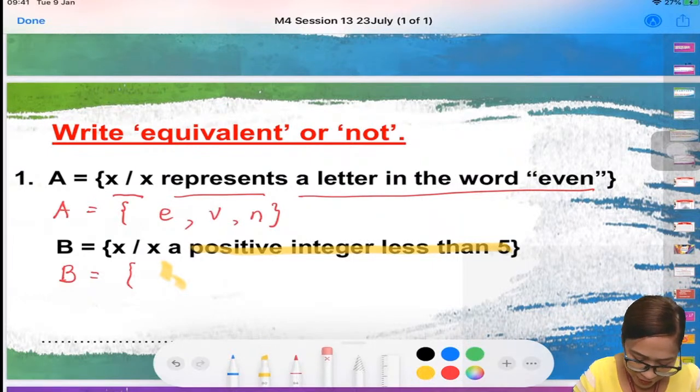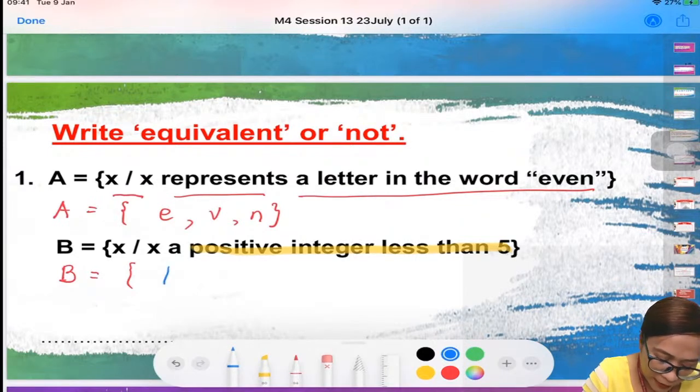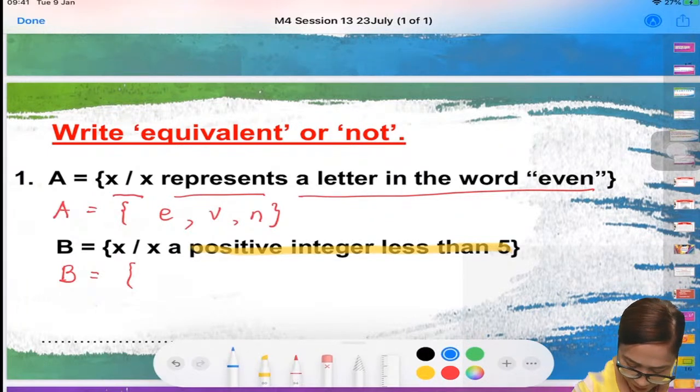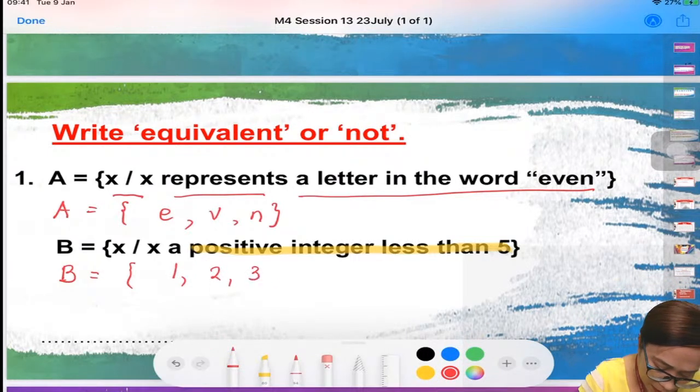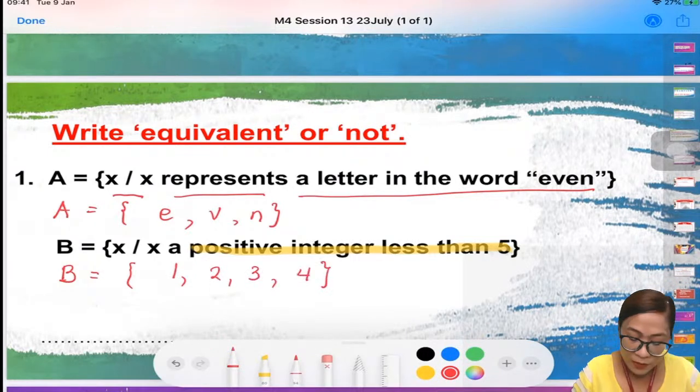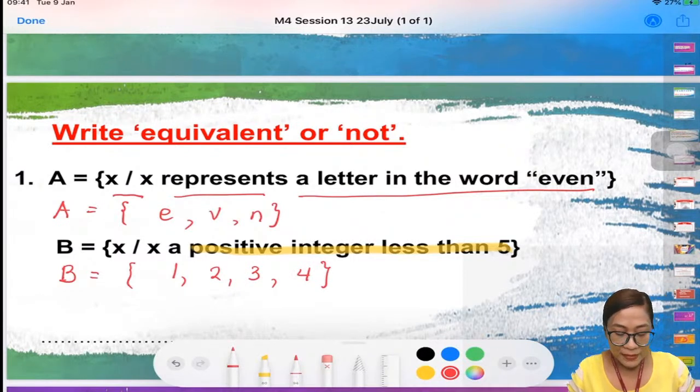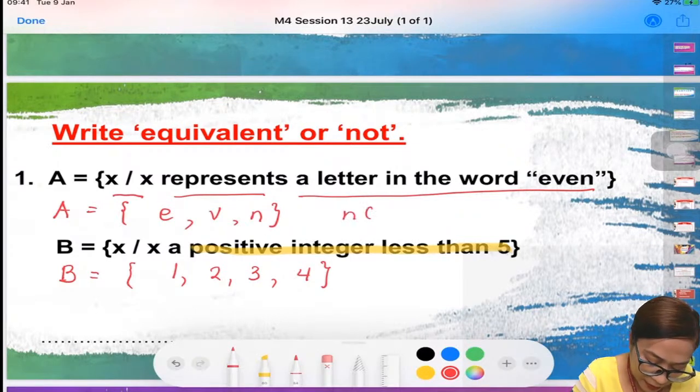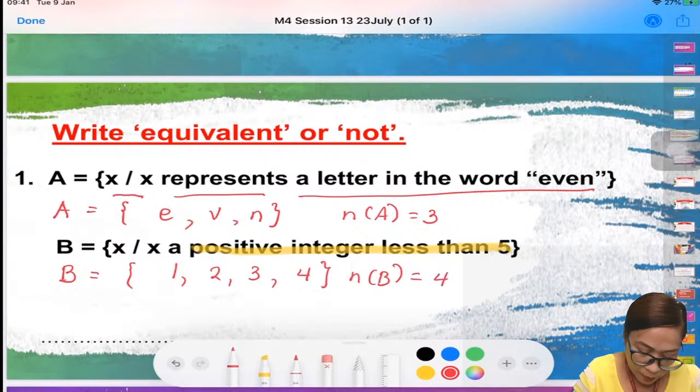Okay, this one is 1, 2, 3, 4. These are the positive integers less than 5. So in this case, students, get the cardinality. N of A is 3. Here, N of B, the cardinality, is 4: 1, 2, 3, 4.